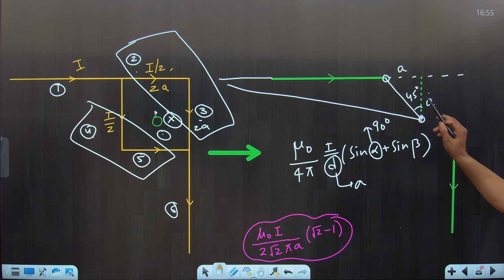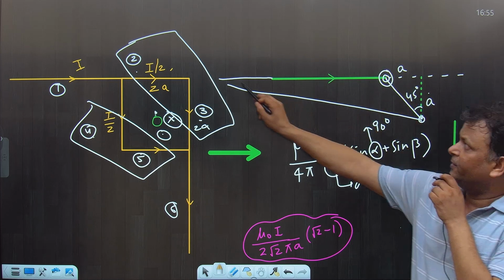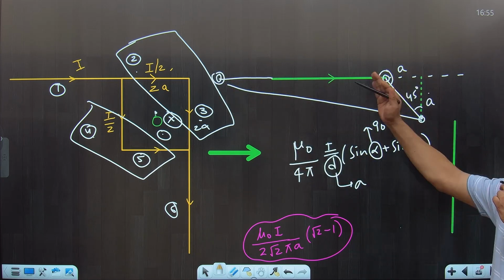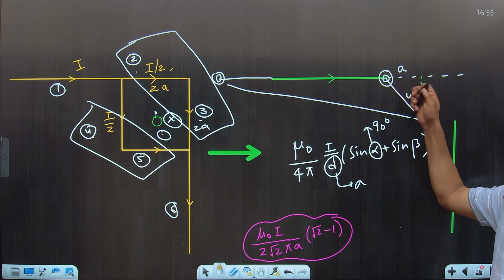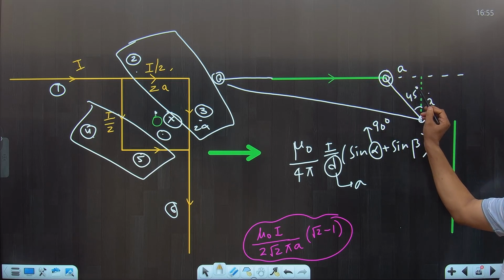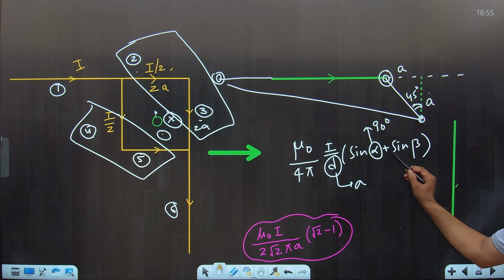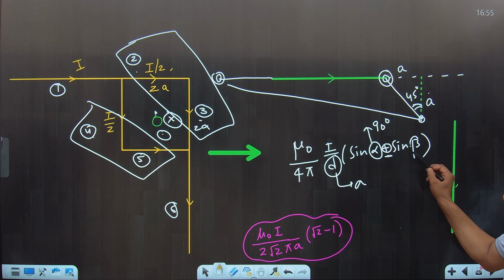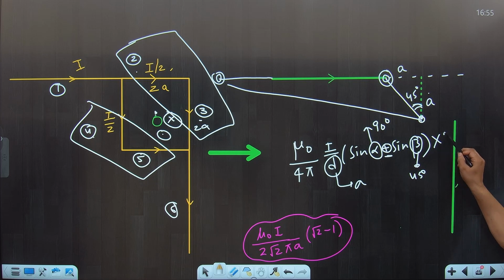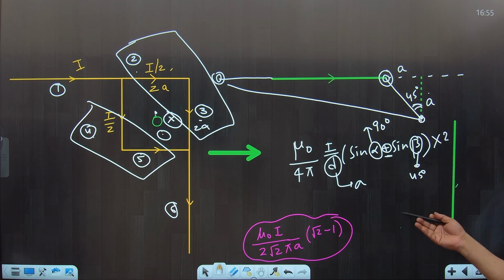See, this end and this end are both on the same side of the perpendicular, so beta will be negative here, so minus sine 45, beta is 45 degrees. And you just make it double because there are two wires. So the net magnetic field is this, this is the answer.